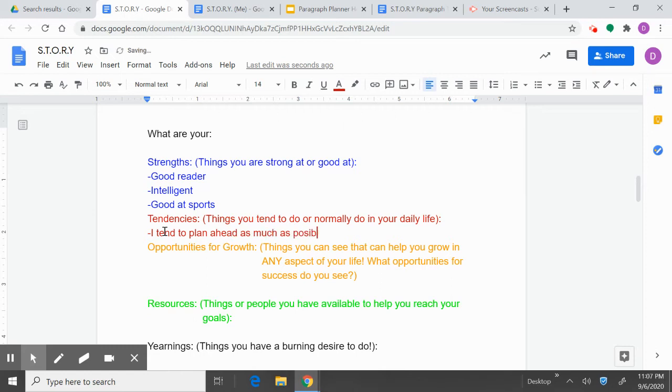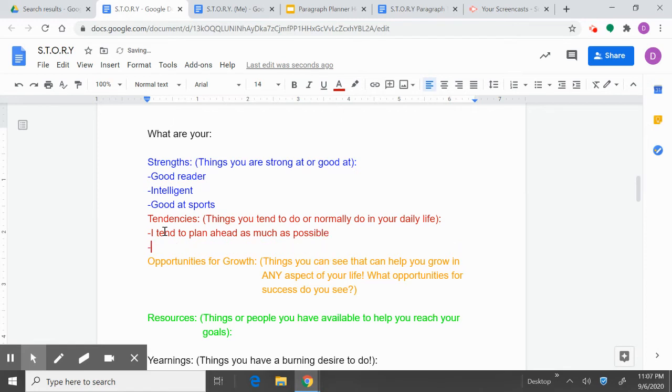So that would be a good tendency. A negative tendency, I tend to worry about things that I shouldn't. Okay, so that would be a negative one that I would say for myself, but maybe you have some positive ones too, and maybe some negative ones too.